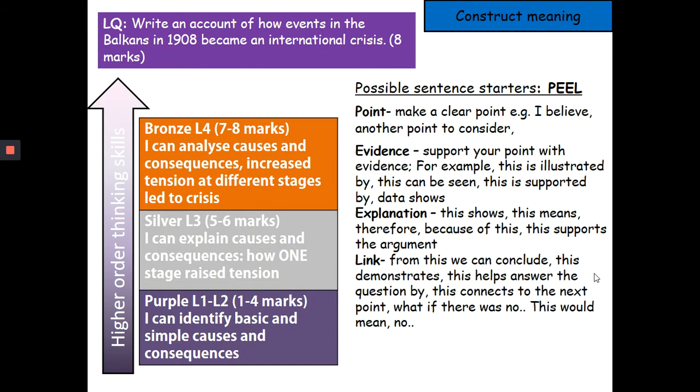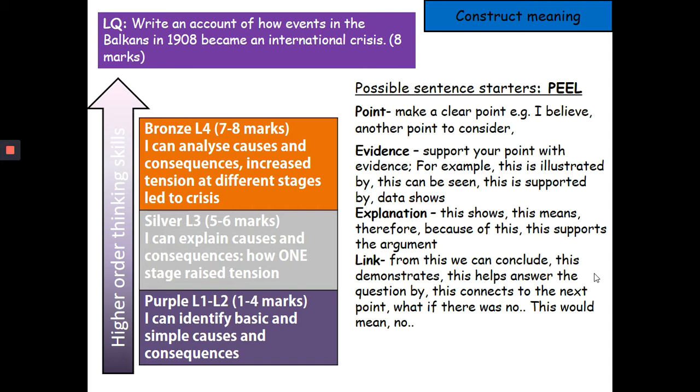Now, having a look at the higher order thinking skills from the mark scheme, working our way up in purple for level 1 and level 2, 1 to 4 marks is basic and simple causes and consequences of the factors that led to the crisis.